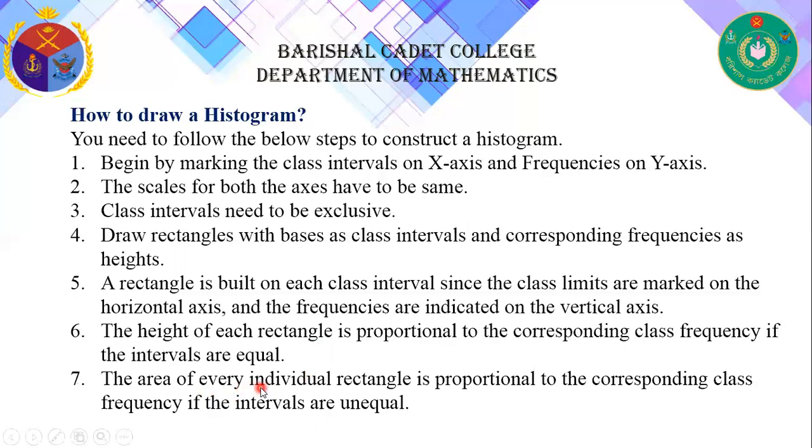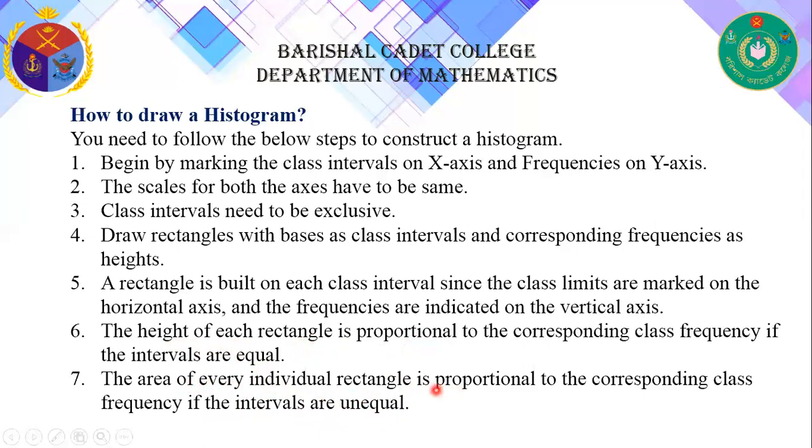The area of every individual rectangle is proportional to the corresponding class frequencies if the intervals are unequal. In number 6, the height of each rectangle is proportional when the class intervals are equal. And if the intervals are unequal, then the area of every individual rectangle is proportional.